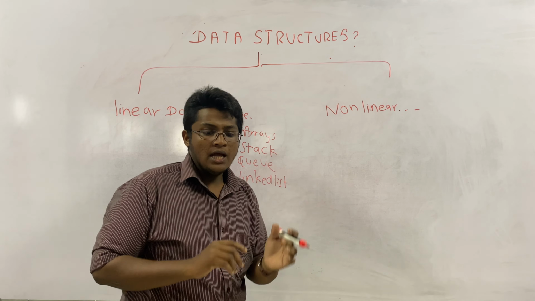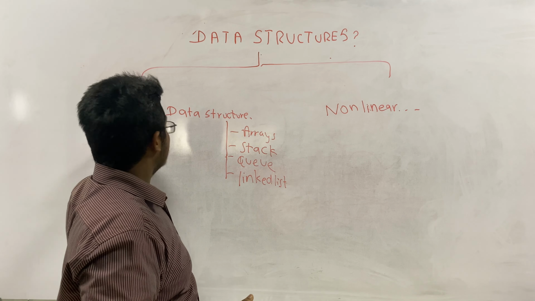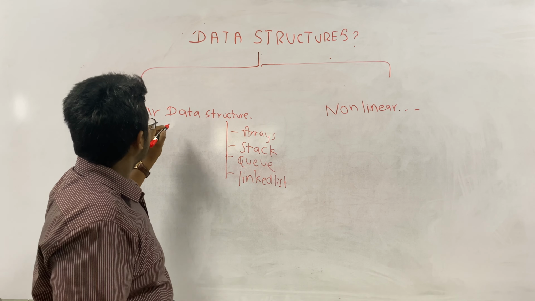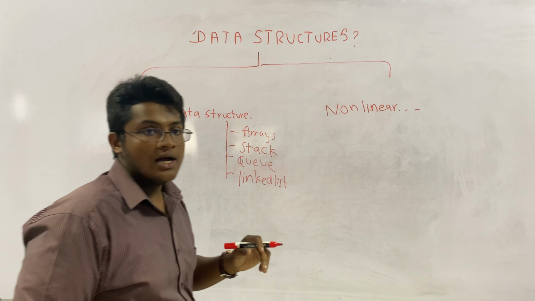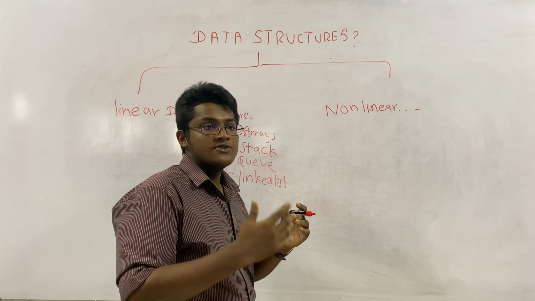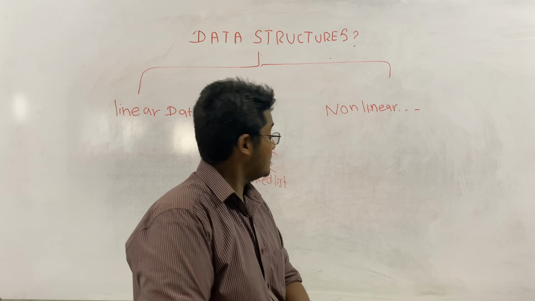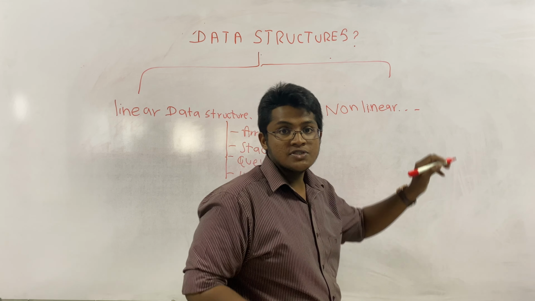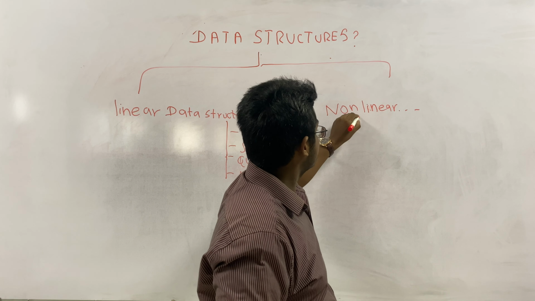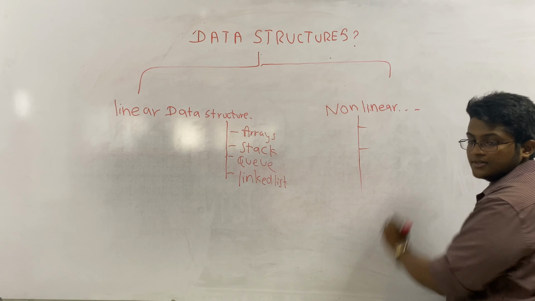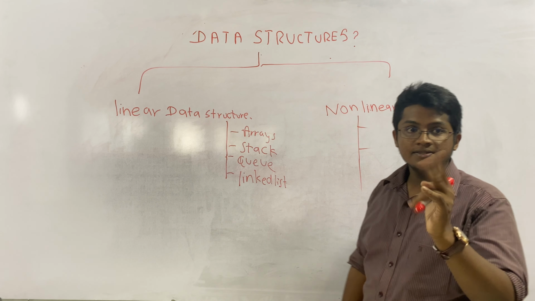So these are linear data structures. I will tell you simply, in linear data structures, the data is in a sequential order. We will talk about that in further videos. And I will give you some examples for non-linear data structures also. In non-linear data structures, I will give you two examples.